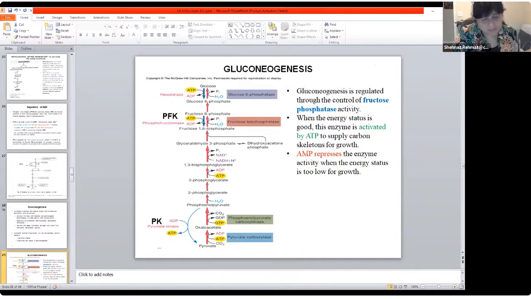So if AMP is present, then it represses the enzyme activity when the energy status is too low for growth. So it won't allow growth or storage of these glucose polymers later. So this enzyme is activated by ATP and it is repressed by AMP. Does that make sense to you?